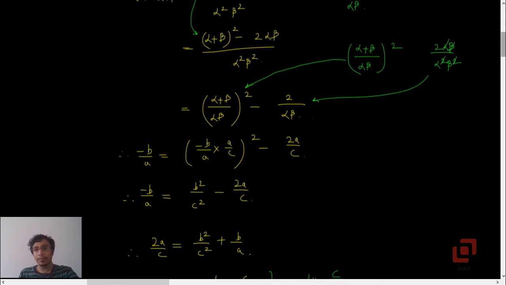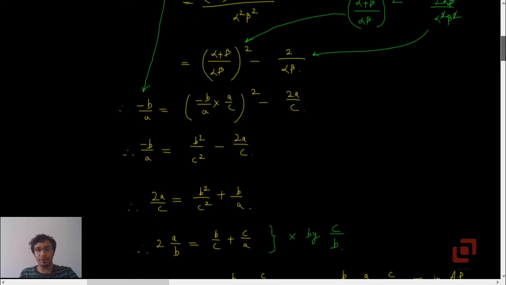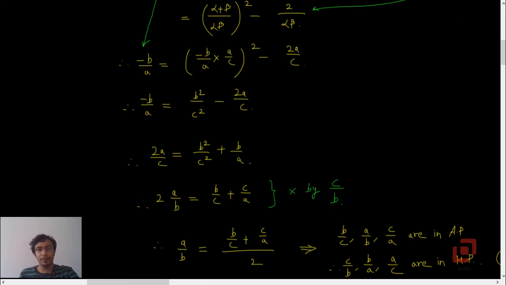Now, what did we have on the left hand side? Alpha plus beta. Alpha plus beta is minus b upon a, standard formula. Then alpha plus beta upon alpha beta will be minus b upon a into a by c, because alpha beta is in the denominator. The product is c upon a, so its reciprocal will be a by c. Same thing here, 2 upon alpha beta, so 2 into a by c. Then you simplify this. First step would be squaring this.